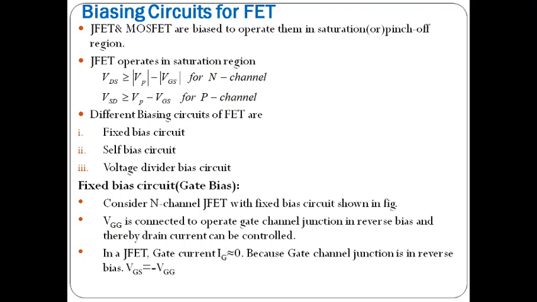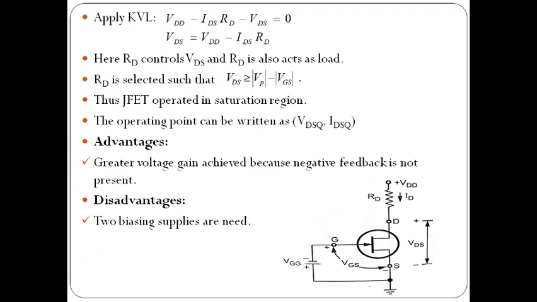Here VGG is connected to the gate, and due to this VGG, the gate channel junction is in reverse bias.